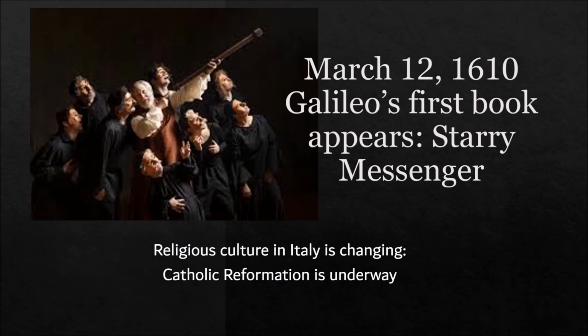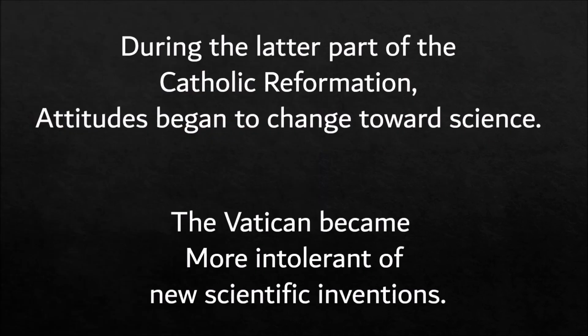But by the time of 1610, and by the time Galileo's coming around, religious culture is changing in Italy. The Catholic Reformation is in high gear. During the latter part of the Catholic Reformation, attitudes began to change towards science, and the Vatican became more intolerant of new scientific inventions.